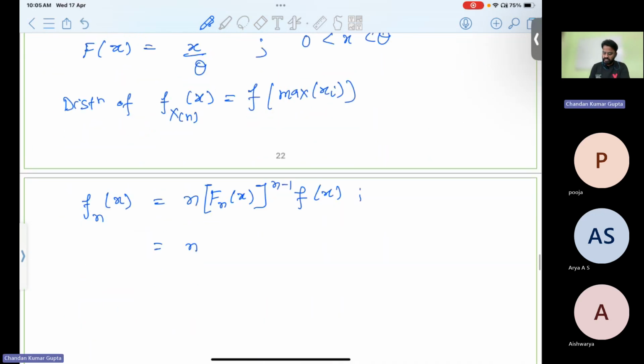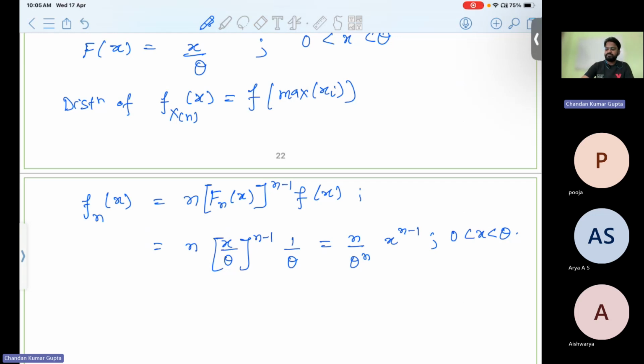F(x) is x upon theta, to the power n minus 1, and small f(x) is 1 by theta. After simplification, we get n upon theta to the power n, x to the power n minus 1, again with x between 0 to theta. So this is our PDF.